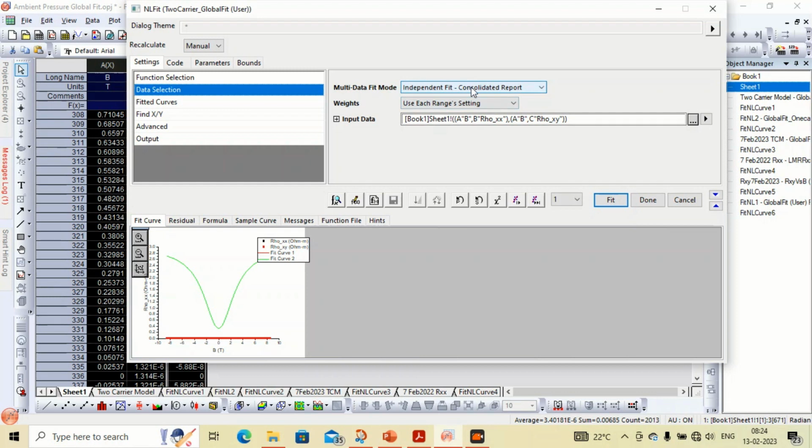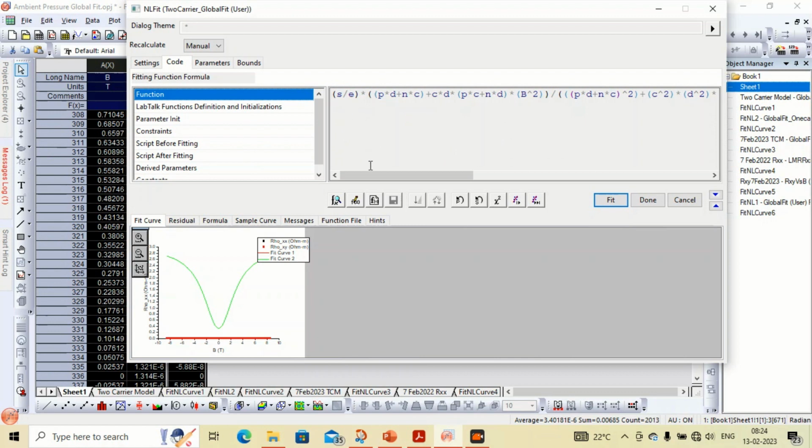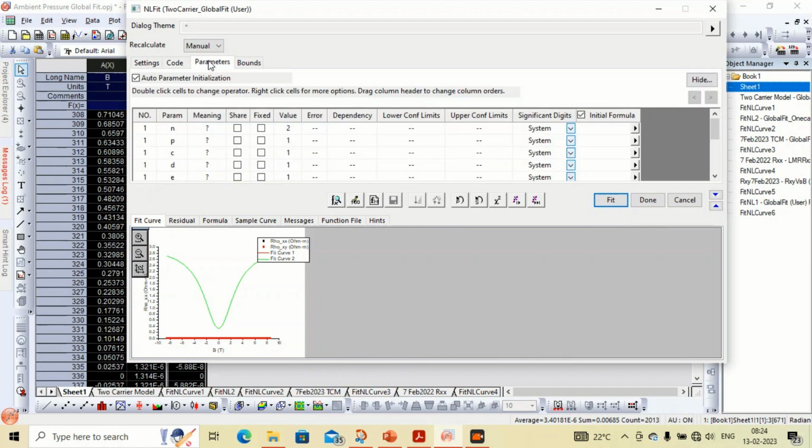Here I will select for global fit. This is the data for rho xx and rho xy. This is the code, the formula which I want to fit, and I will select the parameters. The parameters are small n, small p, small c, small d, and small e, which will be common in both formulas.